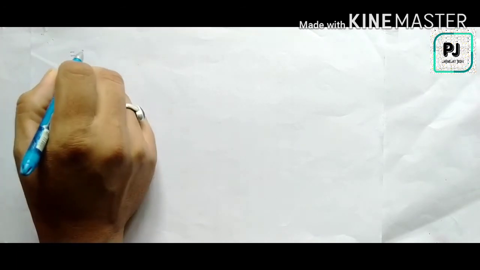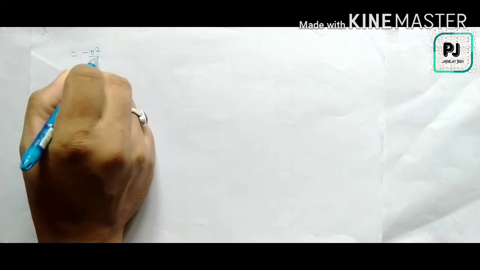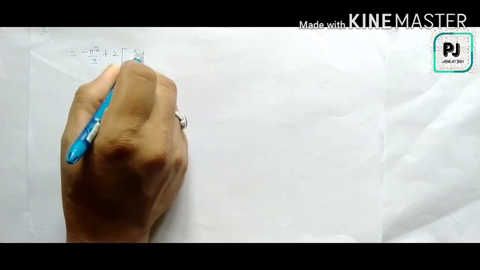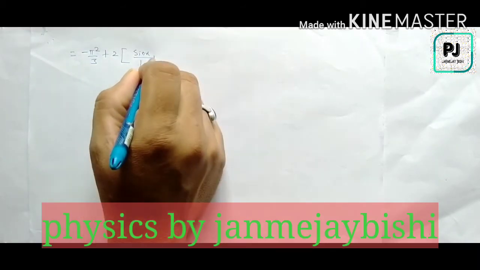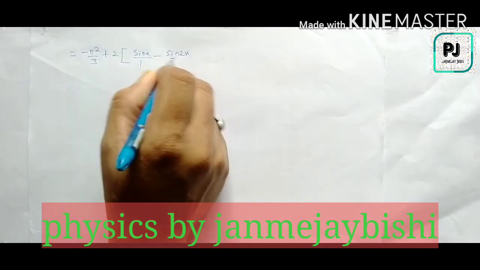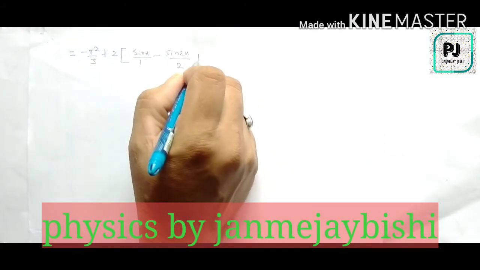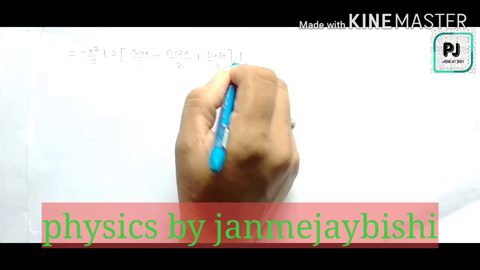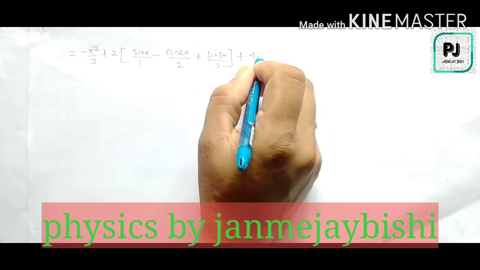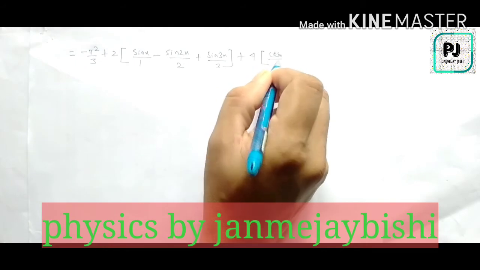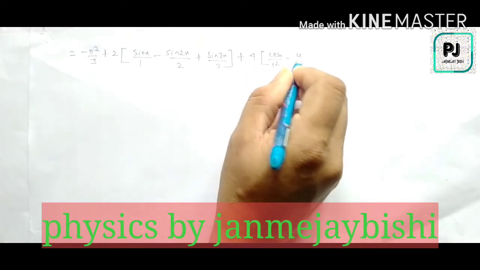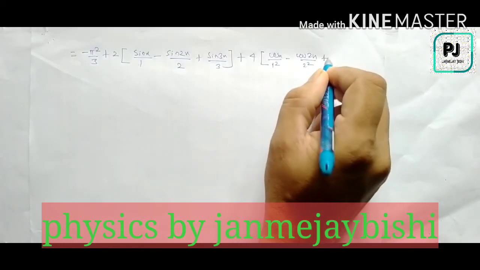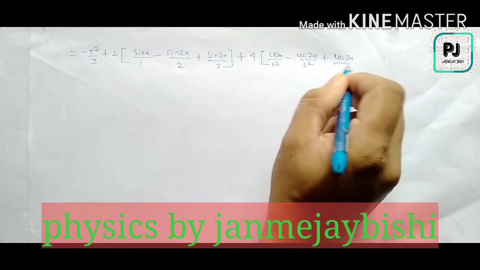Now we have to find the value of this one: minus pi square by 3 plus 2 (sin x divided by 1 minus sin 2x divided by 2 plus sin 3x divided by 3) plus 4 into (cos x divided by 1 square minus cos 2x divided by 2 square plus cos 3x divided by 3 square).